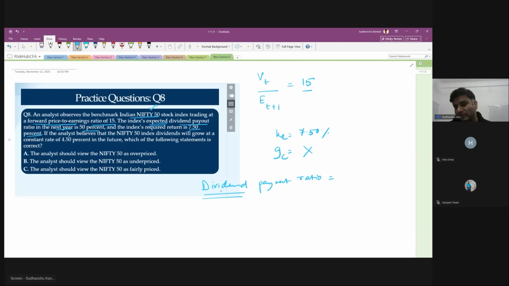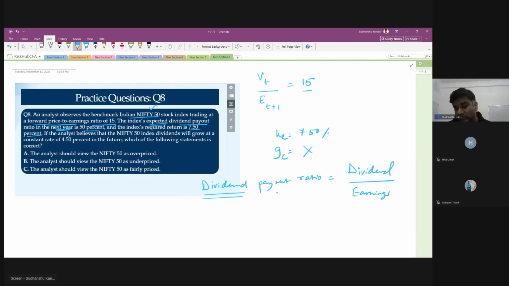So you are paying dividend, and then you are dividing by something. Generally, dividend payout ratio in simple terms is dividend by earnings. But the question is telling you dividend payout ratio in the next year.